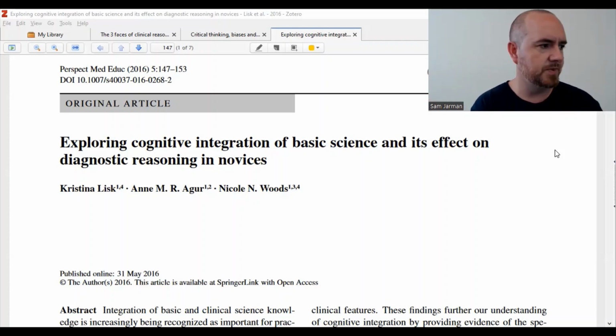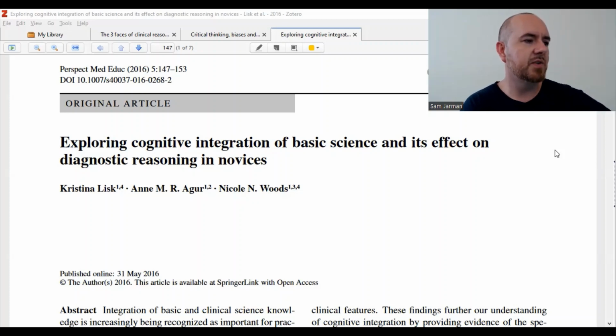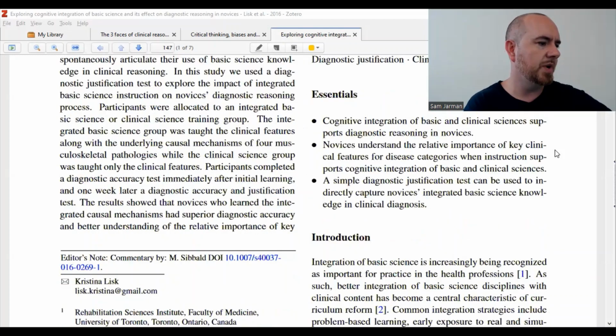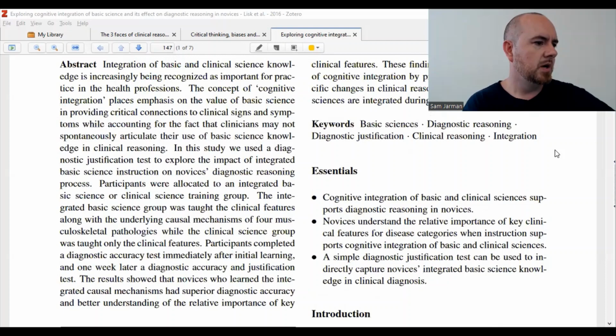So this paper I'll touch on is exploring cognitive integration of basic science and its effect on diagnostic reasoning in novices. The abstract will do what we need here, so I'll read the abstract. You can see that when I talk about near transfer versus far transfer, especially in novices, when you do things in very specific ways, you improve transfer, not necessarily far transfer, but you improve transfer or knowledge retention at minimum.